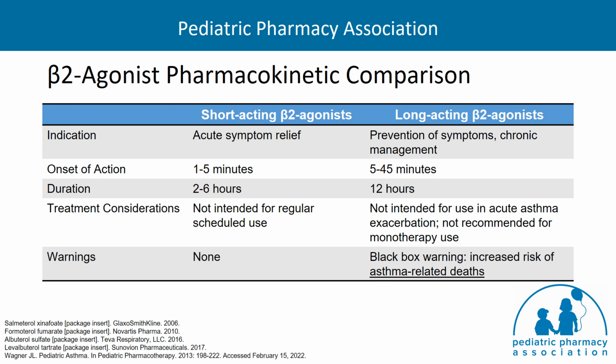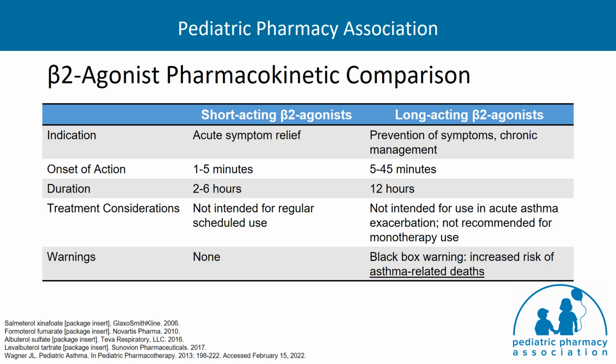Long-acting beta-2 agonists also have a quick onset of action, however, they have a longer duration of action, around 12 hours. These agents, formoterol and salmeterol, can aid in preventing symptoms and are used for chronic management. It's important to note that long-acting beta agonists are not used as monotherapy in the management of pediatric asthma.